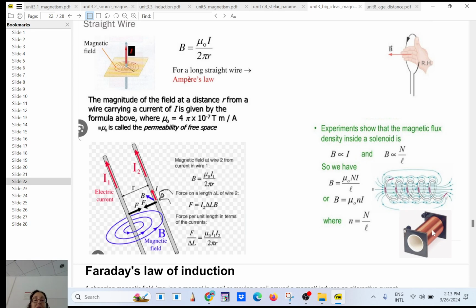And you see you have your solenoid. Okay, you work with a solenoid in the lab, and you connect your solenoid to your power supply. Inside here, you're going to have a magnetic field that you can control with the current, right? So you increase the current, your magnetic field will be larger. And that's actually an MRI, okay?